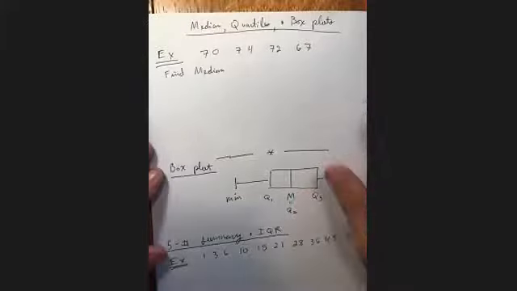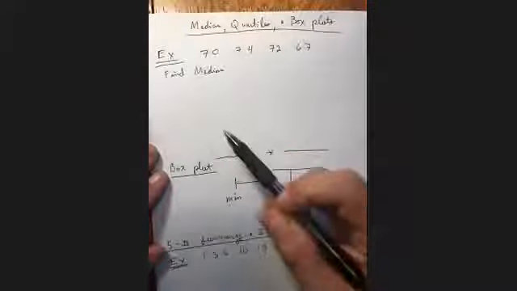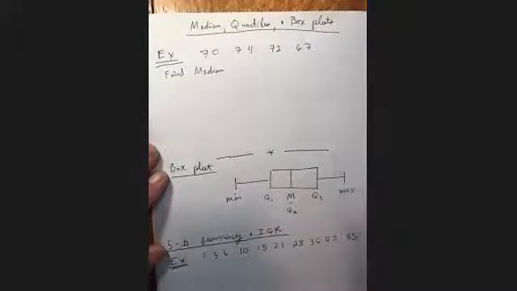So what is the median? For a data set, the median is a number that divides the data into 2 equal parts. Okay, so it's the middle of the data, and that's why we have the word median. You can think of that as the middle of the road. This is the middle of the data set.